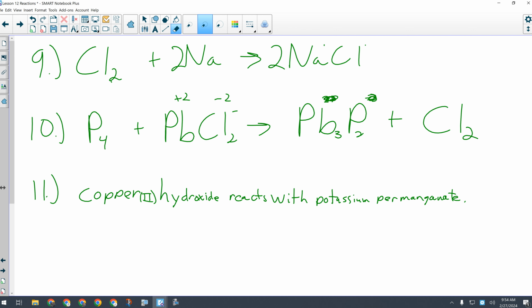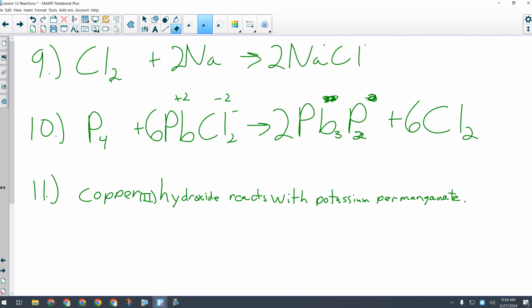Now I've got to balance this reaction. 4 is my biggest number, so I'm going to put a 2 here to balance my phosphorus, because that's a 2. When I do that, it gives me 6 leads, so I've got to put a 6 here. That gives me 12 chlorines, so a 6 there will take care of that, and I will have 1, 6, 2, 6 for my balancing. Okay, questions on that one?